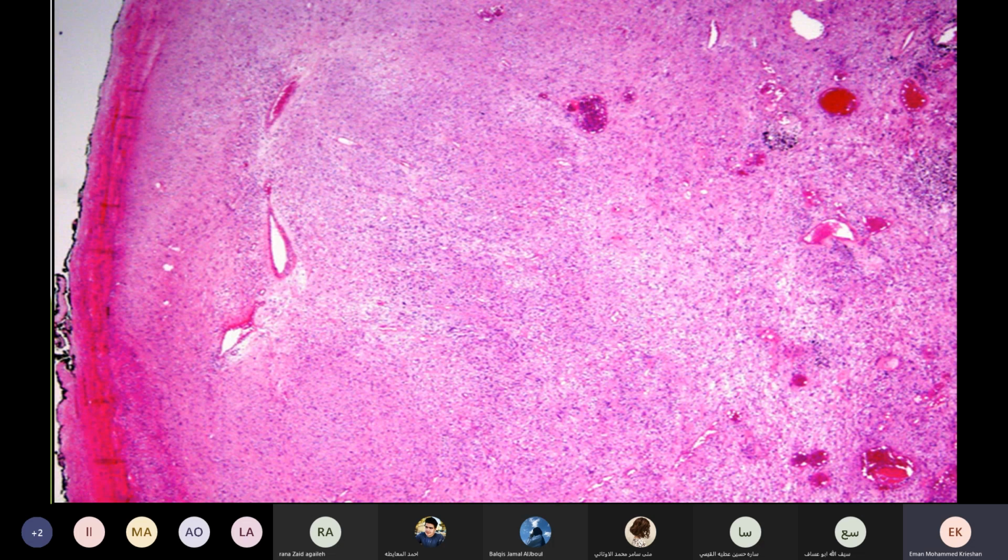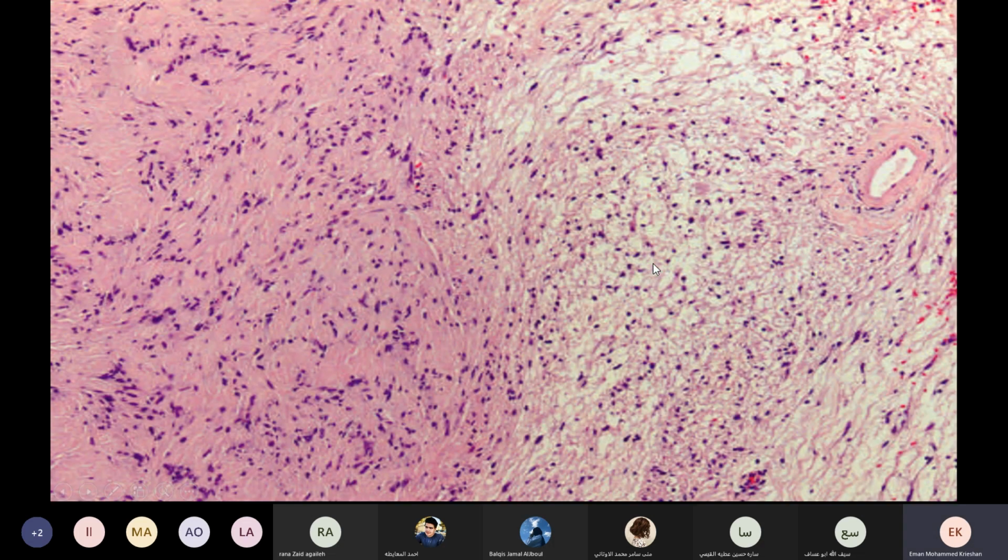Now, this is schwannoma. It is an encapsulated benign tumor of the nerve. Encapsulated benign tumor of the nerve. This is the capsule, the inked layer here, and these are the neoplastic spindle cells. The schwannoma is composed of hyper and hypocellular areas.